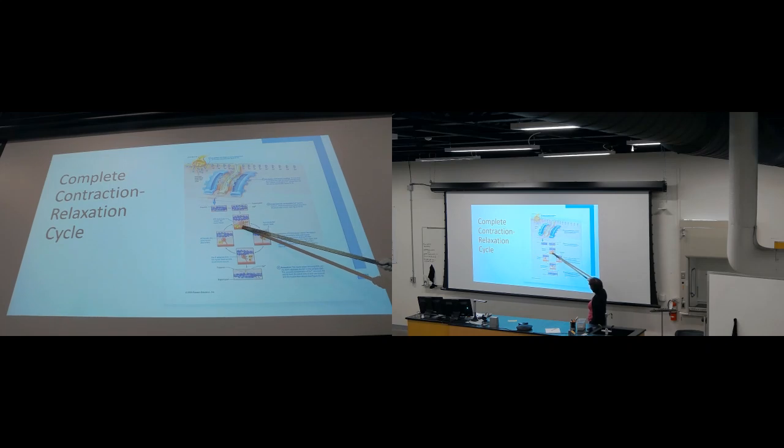Then you will have ATP hydrolysis that cocks the head of myosin. Myosin now can interact with actin, forming a cross bridge. And then when phosphate is released, the head of the myosin lets go of actin, and then you prepare for the next cycle.